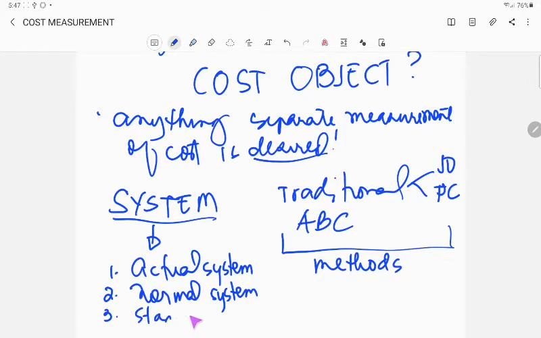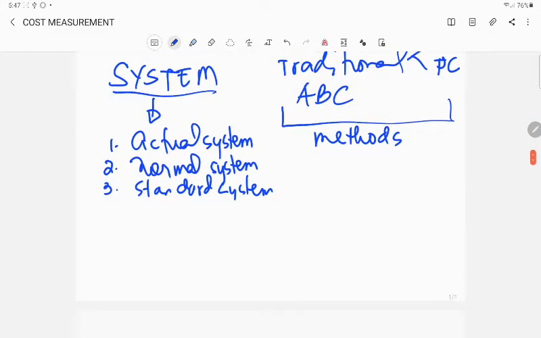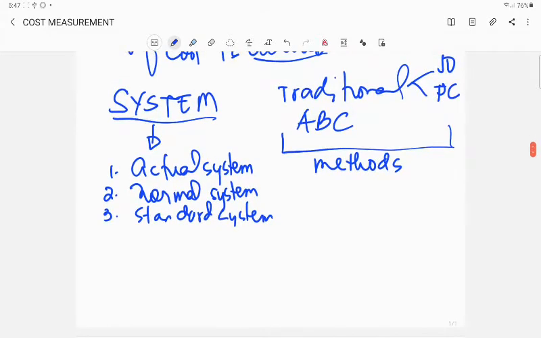Standard. In measurement, yung actual system, yung normal and standard, pag gumamit ka ng job order, you have 3 choices.